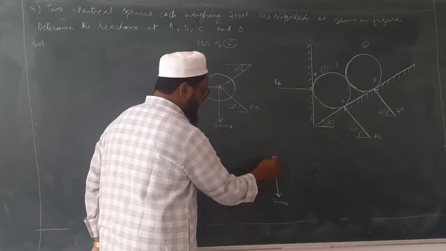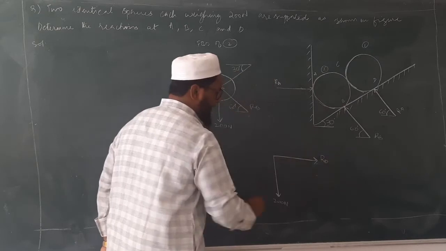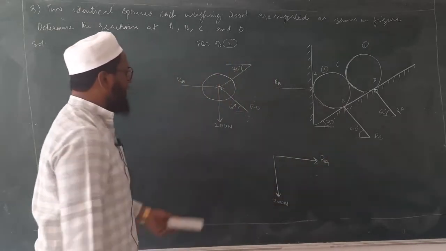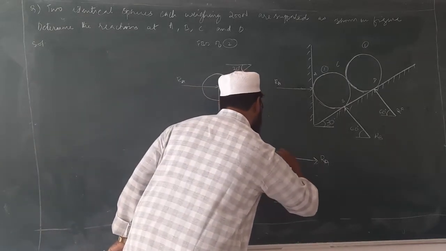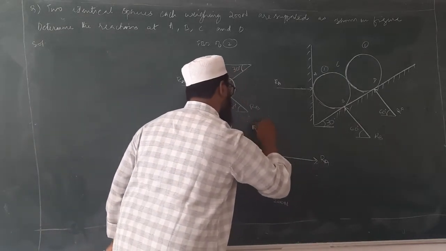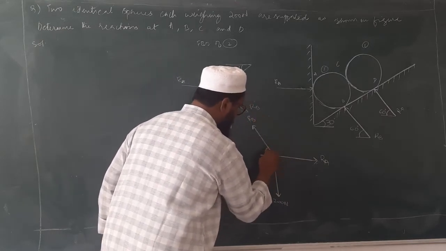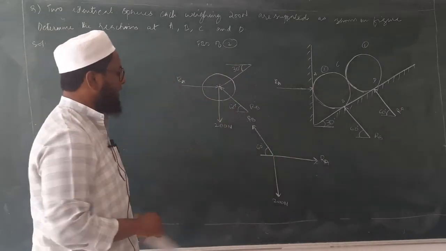Then we have another force, that is RA, right? This is RA. Then we have RB going in the second quadrant and making an angle of how much? This is RB and it is making an angle of 60 degrees with the x-axis. Again we have RC.